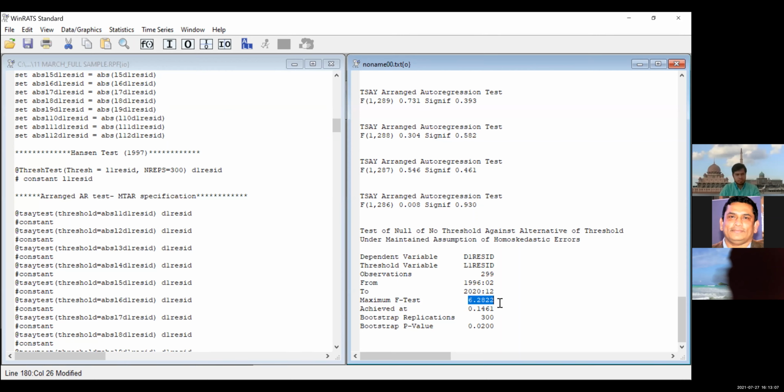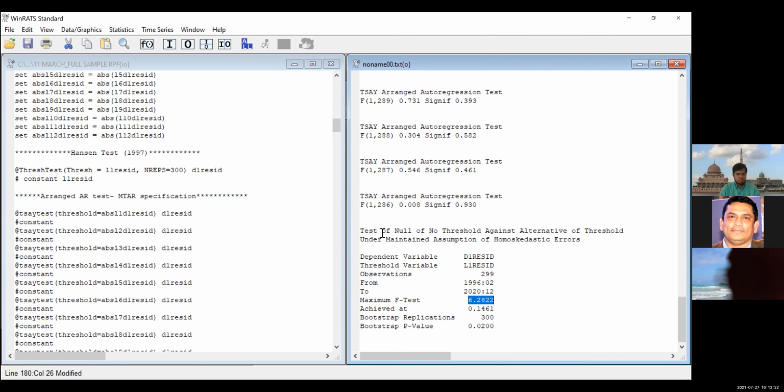So we use the MTAR model, and we get confirmed that this model follows non-linearity, the linear process is rejected. You see the hypothesis: test of null of no threshold against alternative of threshold under maintained assumption of homoskedastic error. That's in the equation. So the test of null of no threshold is rejected, meaning that there is a threshold in the equation, right?